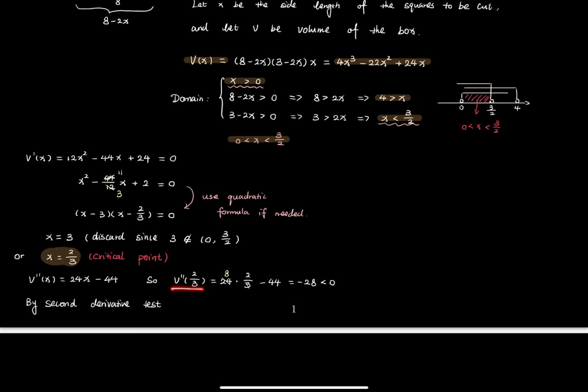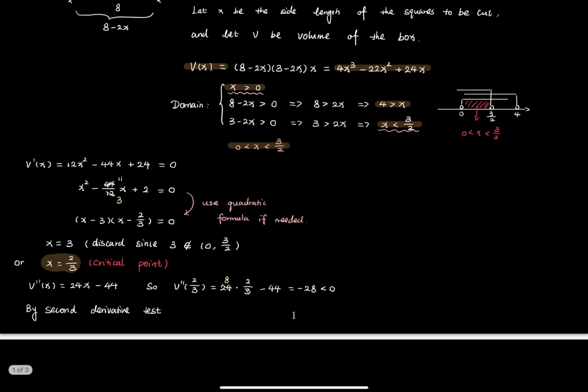Because this is less than 0, the function is concave down at this point. If this is a critical point, it must be either a minimum or maximum, and it's concave down, then it must be a maximum. If you don't want to memorize, just draw a graph and see.